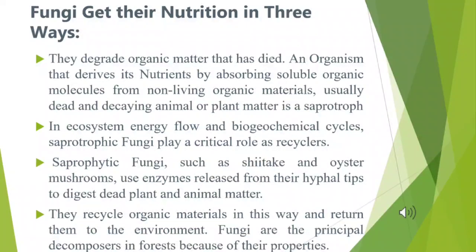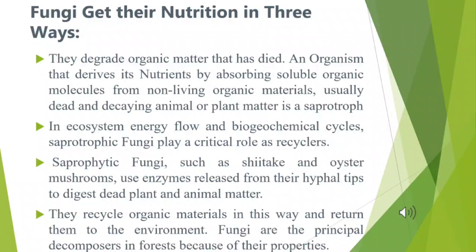Fungi get their nutrition in three ways. Saprotrophs degrade organic matter that has died, absorbing soluble and organic molecules from non-living organic matter. Usually, dead and decaying animal or plant matter is used by a saprotroph. In ecosystem energy flow and biogeochemical cycles, saprophytic fungi play a critical role as recyclers.